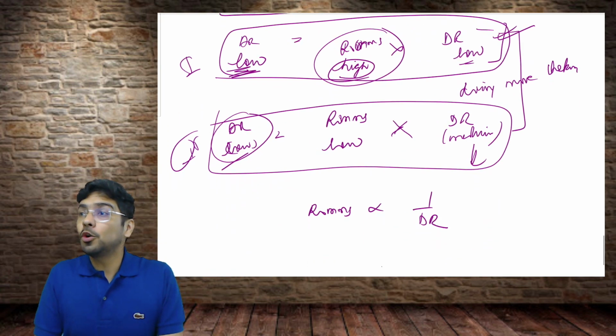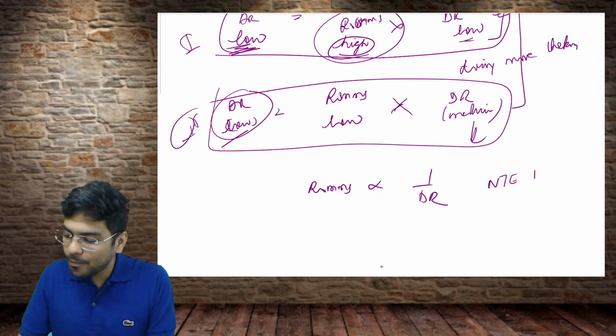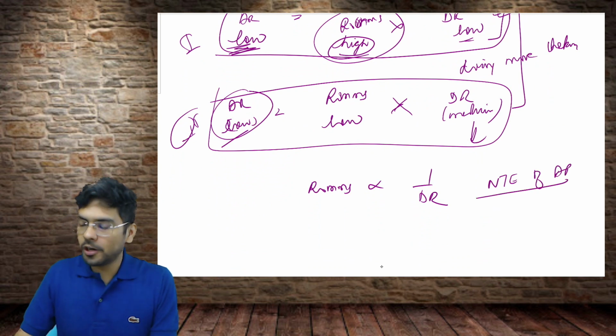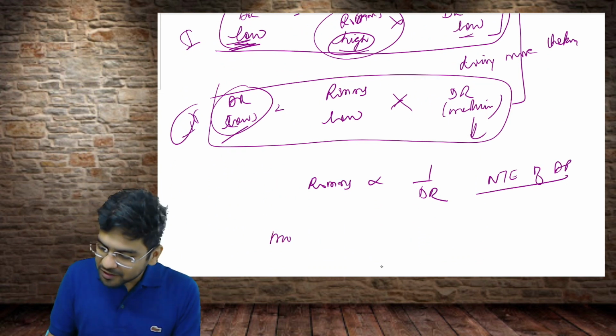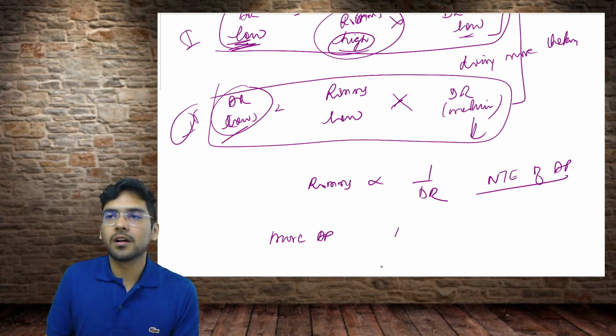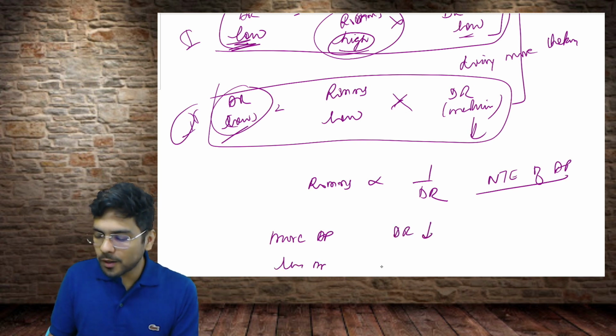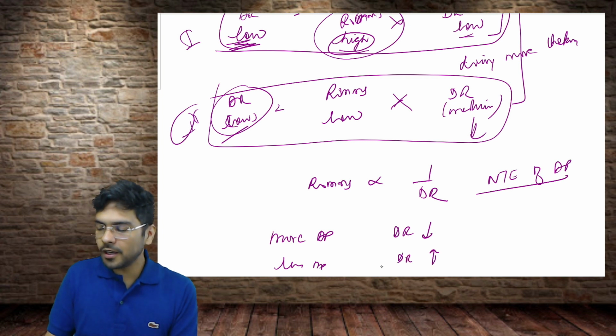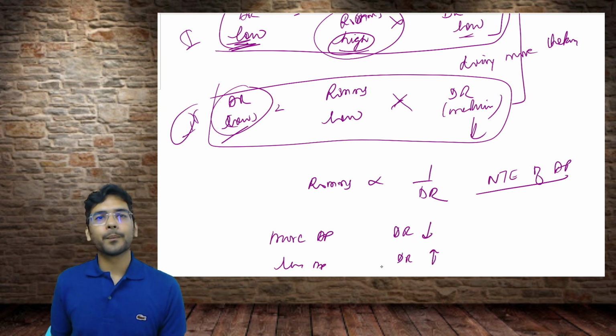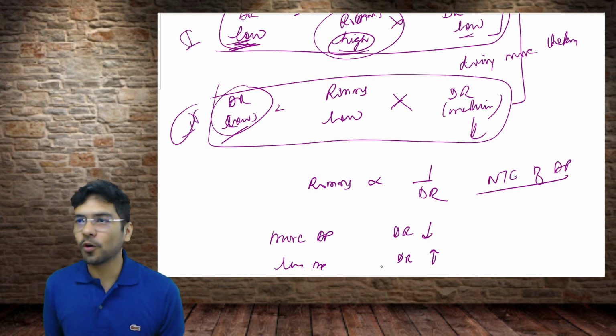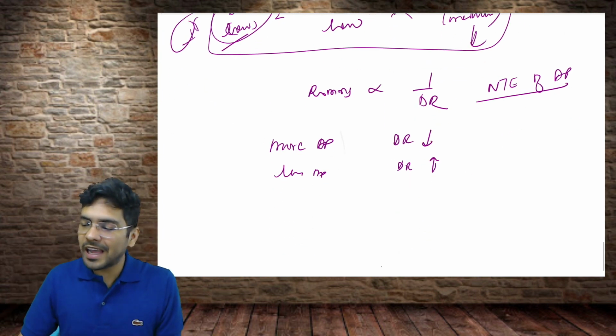Why? Because it totally depends on his nature, timing, and extent of audit procedures. So if he does more audit procedures, the detection risk will be low. If he does fewer audit procedures, the detection risk might be more. Everyone, is it clear?